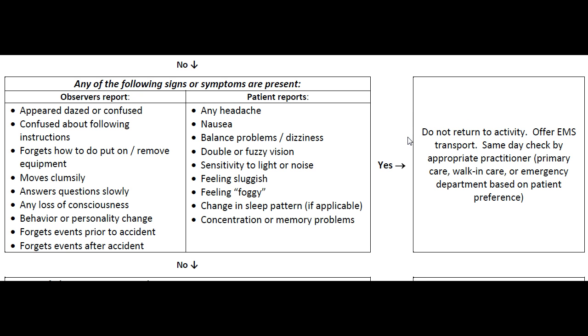Offer them EMS transport. So it's not mandatory the way that it would be when you think there's a significant intracranial hemorrhage or a neurosurgical emergency, but certainly offer them EMS transport. They need to be seen that day by an appropriate practitioner, whether that be their primary care provider or a walk-in care or an emergency department. Any of those is fine.